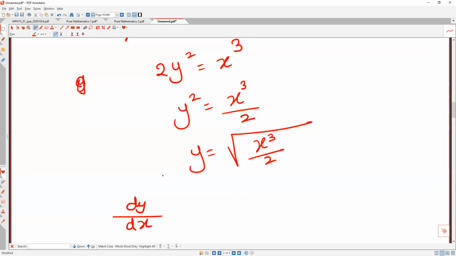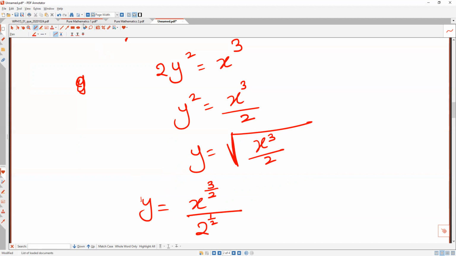Okay, if you want to find dy by dx, this is what you would have done. X raised to, oh sorry, first I need to simplify this more, by the way. How? You write y is equal to x raised to 3 by 2, because root means half, na? Divide by 2 raised to half.